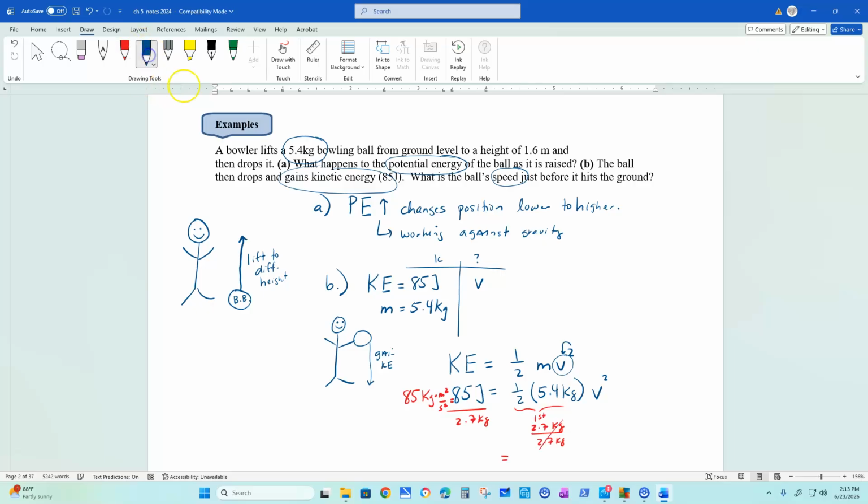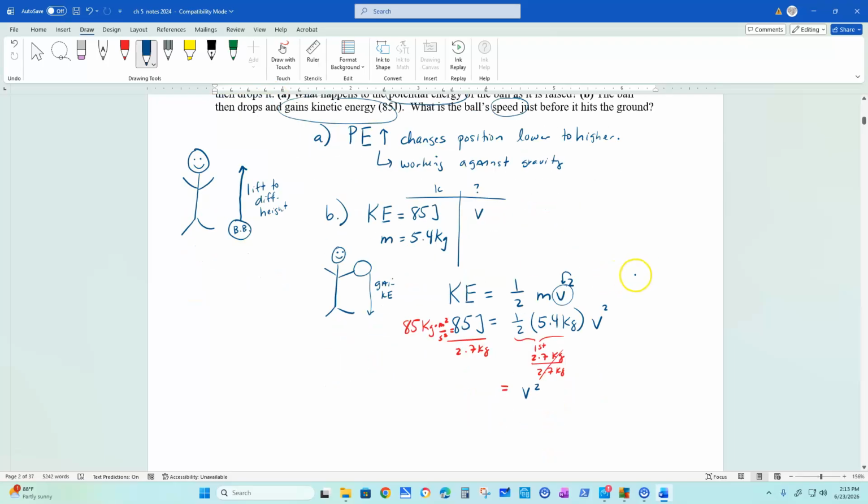So now I'm just going to have my velocity squared, okay? But then I take these kilograms and divide by that kilogram. So now I'm just going to be left with m squared and s squared. So let's take that 85 divided by 2.7. So 2 sig figs. Don't have to worry about rounding yet if you don't want to. Looks like the calculator says 31. So 31 m squared over second squared.